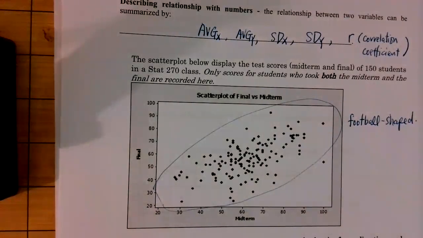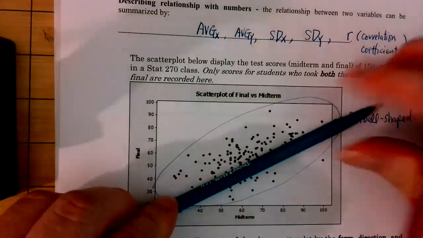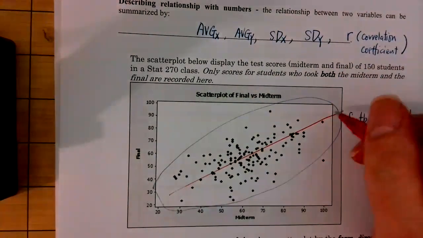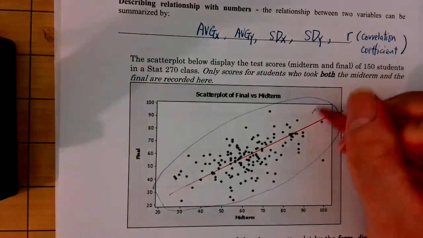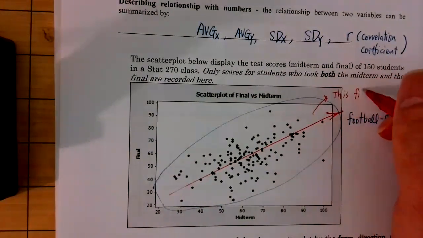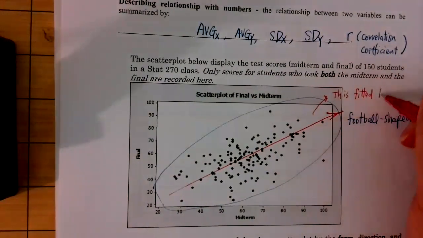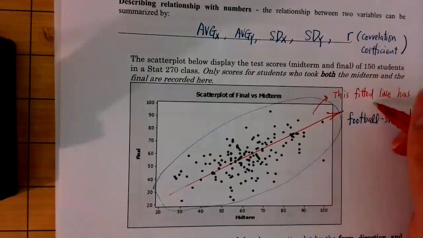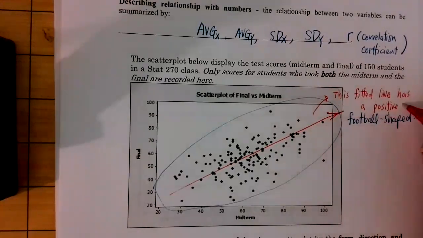And if you imagine you can fit the data set with a line, okay, with a line. Let's see. So you fit the data set with a line, and you find this line has what? Has a positive slope.